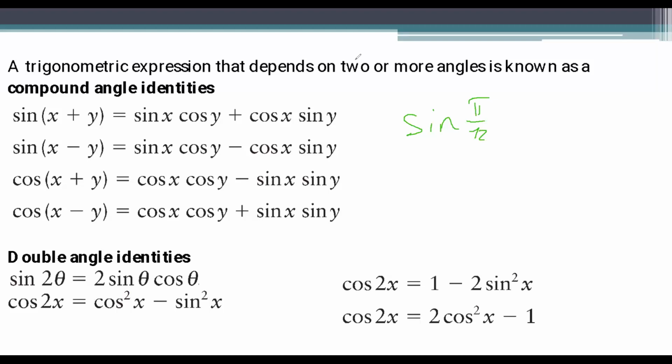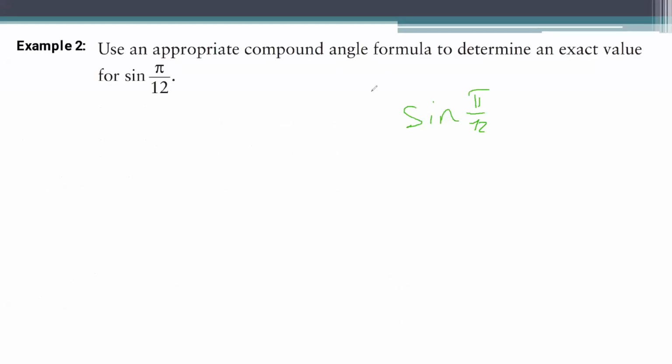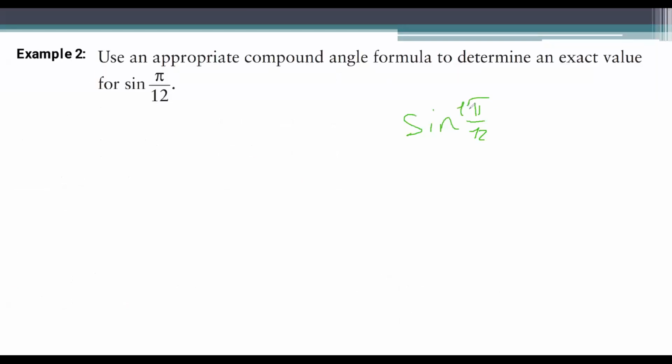It's not pi over 12. It's supposed to be 11 pi over 12. That's what I figured out because it's pretty weird. So 11 pi over 12.